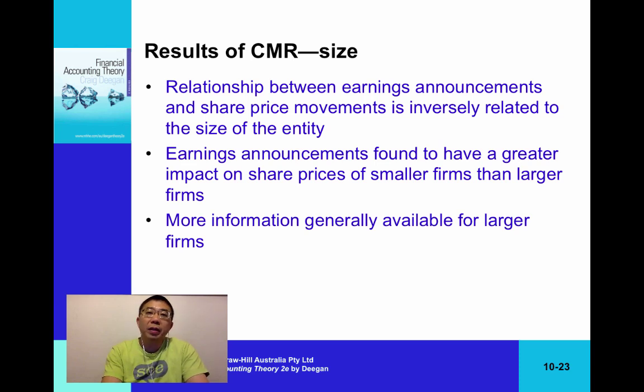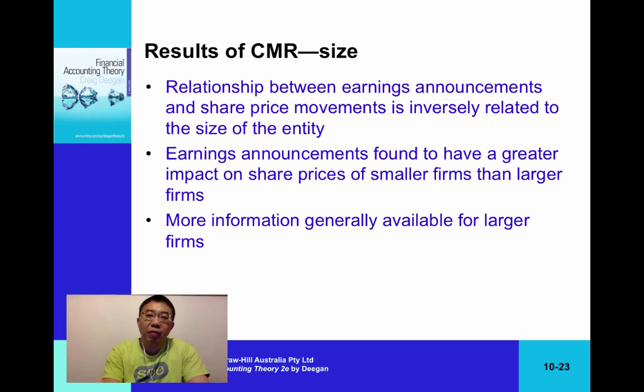This next group of studies, I think we've talked about it, where we said that if you have a very large firm, then because it is a large firm, there were more people focusing on the share performance and the company's performance, and there were many other sources of information being released about those large companies. The accounting earnings may not have such an important impact on share prices.